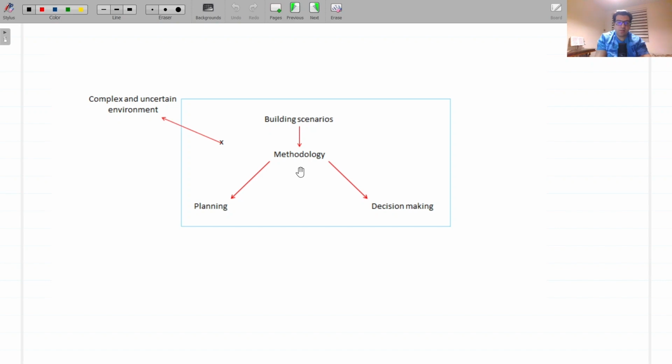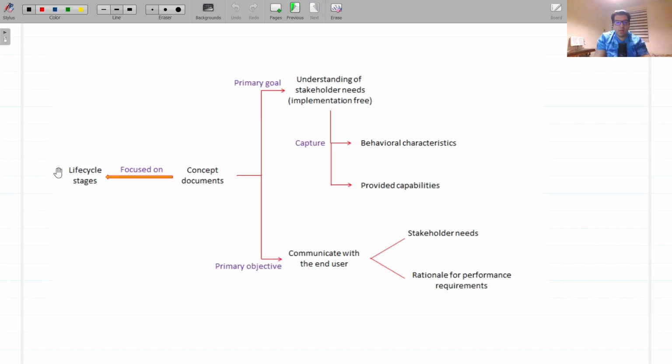Building scenarios serves as a methodology for planning and decision making in complex and uncertain environments. The exercise makes people think in a creative way. Observations emerge that reduce the chances of overlooking important factors, and the fact of creating the scenarios enhances communications within and between organizations.